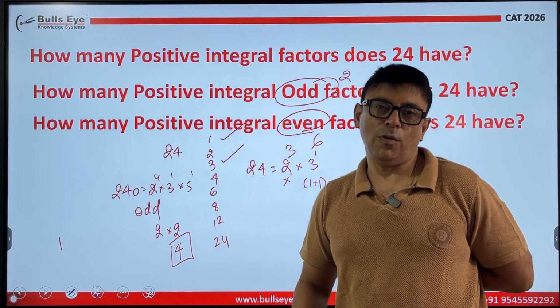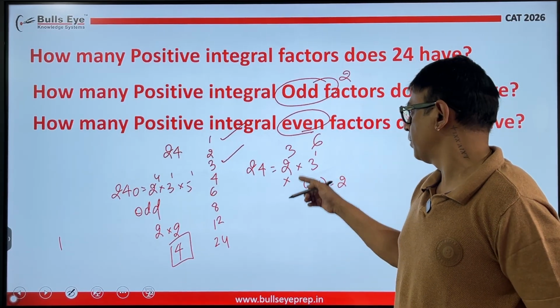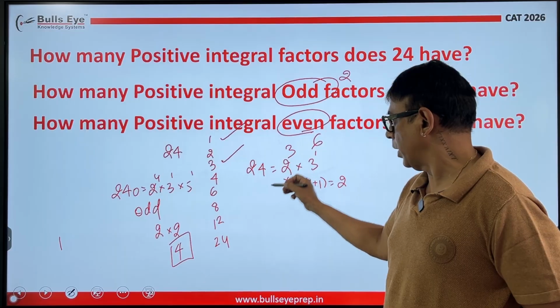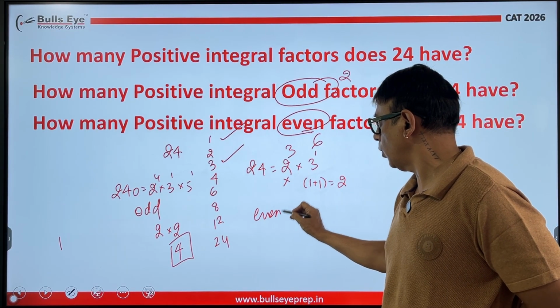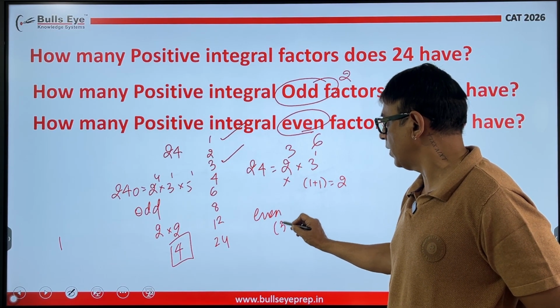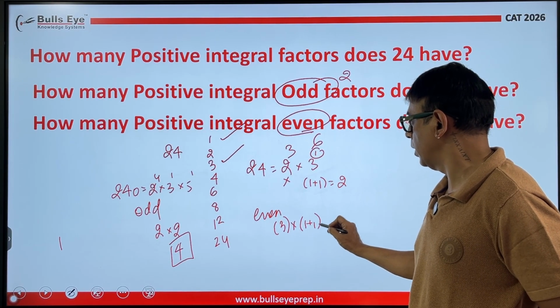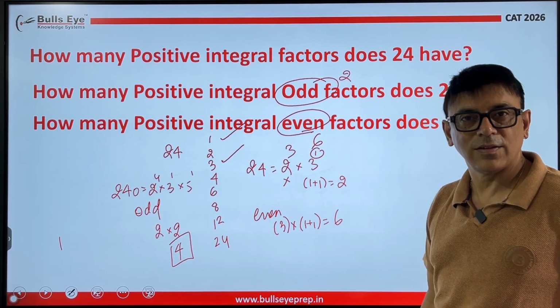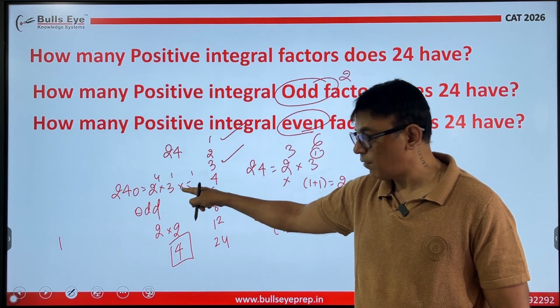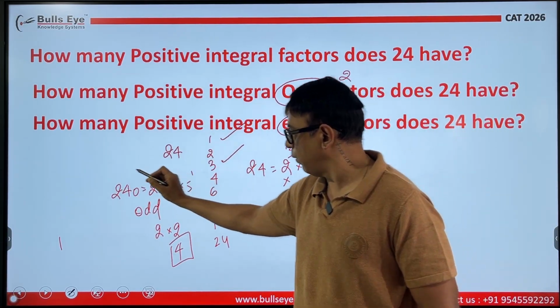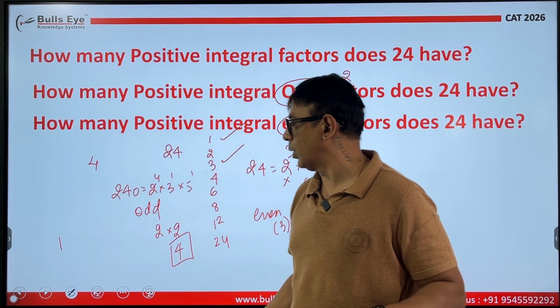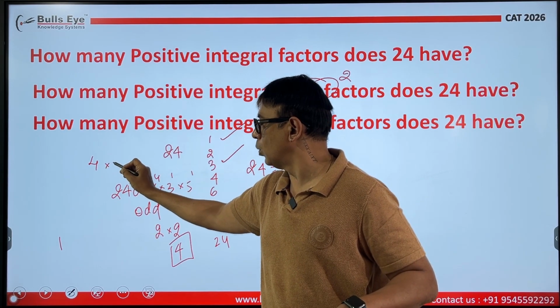Otherwise, if you want to know the mathematical way for it, for even factors just don't add 1 to the power of 2. For 24, this is 3 as it is, and here you add 1, that's 1 plus 1. So 3 into 2 is 6. For 240, write 4 as it is. Do not add 1 to it. 1 plus 1, 2. 1 plus 1, 2.